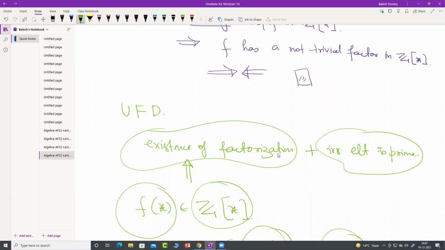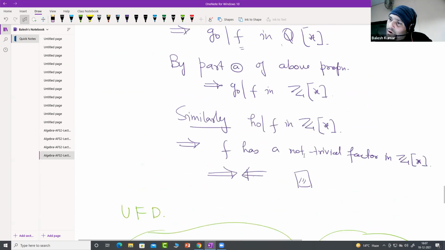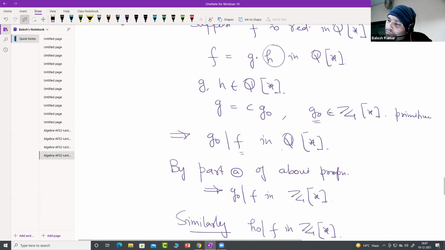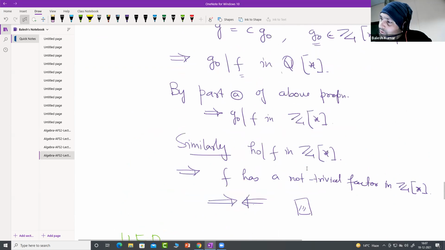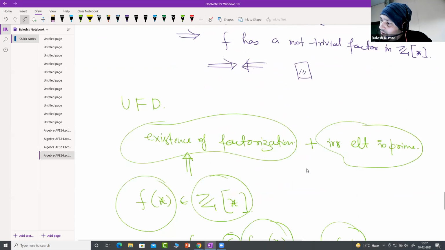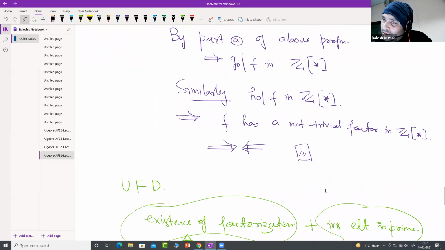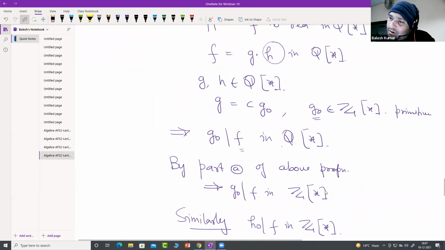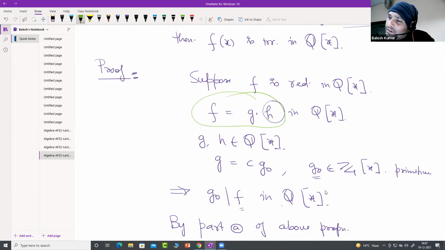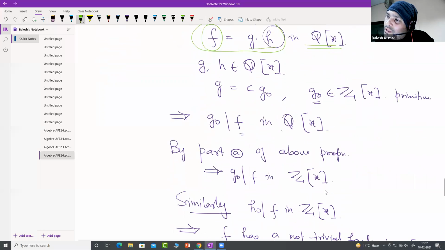No, sir. So suppose f0 is a primitive polynomial here, and you write it in terms of factors. What we have shown in this argument, if you mimic it here, is that you write this factorization of the integer polynomial in Q[x], and the corresponding primitive polynomials g0 and h0 are factors of f.